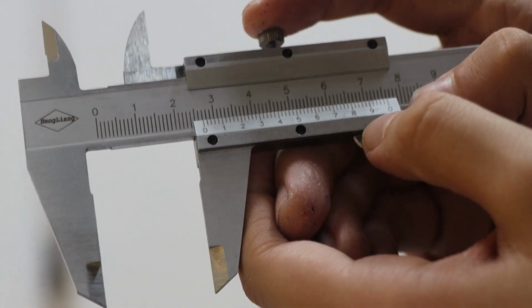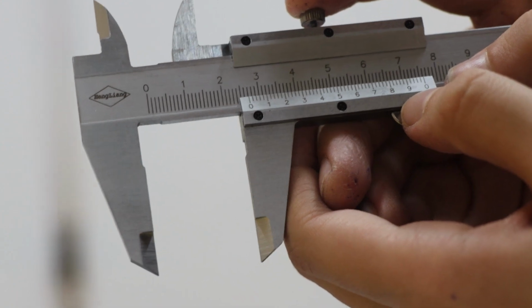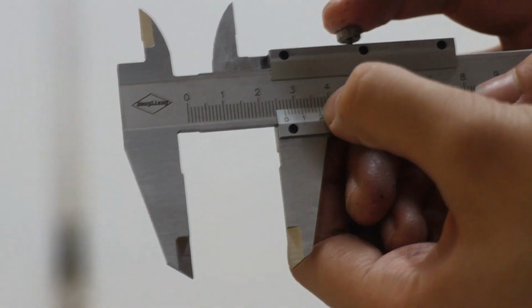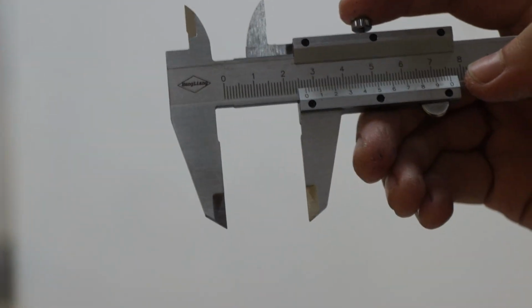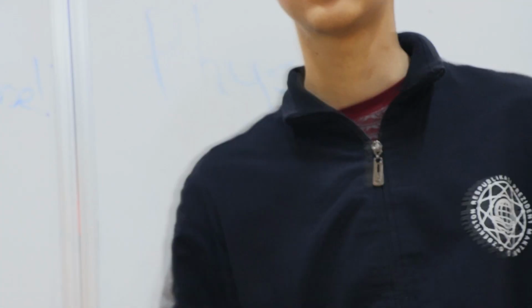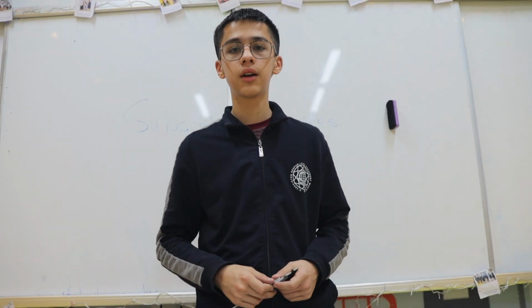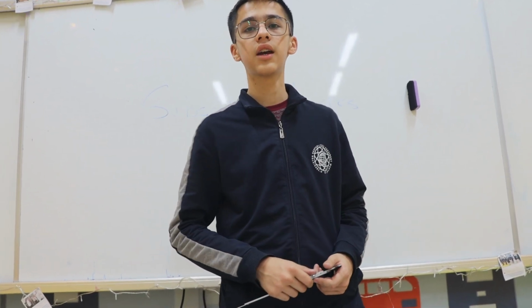It's hard to find. It's 1.8. So 27 plus 1.8, and it gives you 28.8.